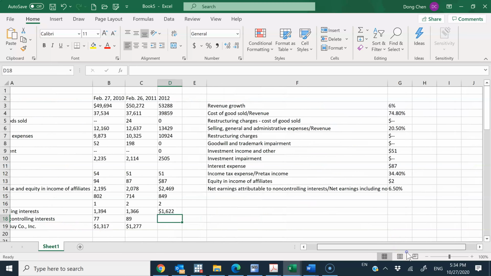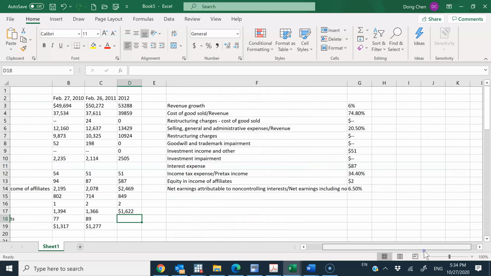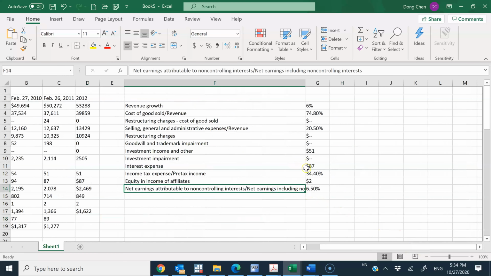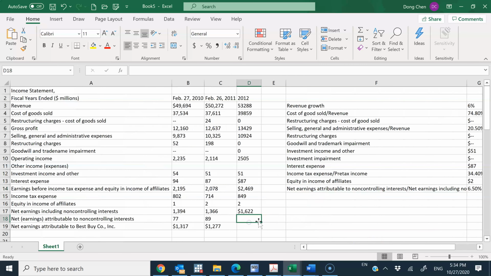And then net earnings attributable to non-controlling interest. Here we do need to pay attention. Net earnings attributable to non-controlling interest divided by net earnings including non-controlling interest is a fraction, right? Here we assume it's 6.50%. So we can use that information for this. Basically it's net earnings including non-controlling interest times this fraction.